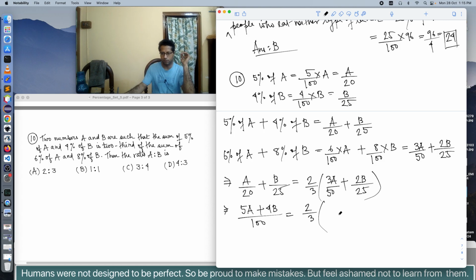The denominators are 50 and 25, and their LCM is 50. So we have 3A plus 4B divided by 50.